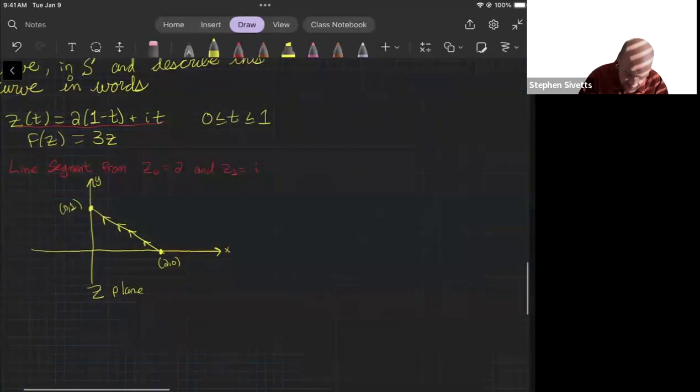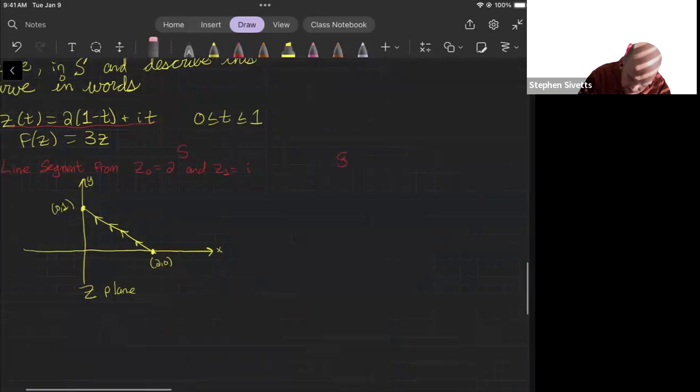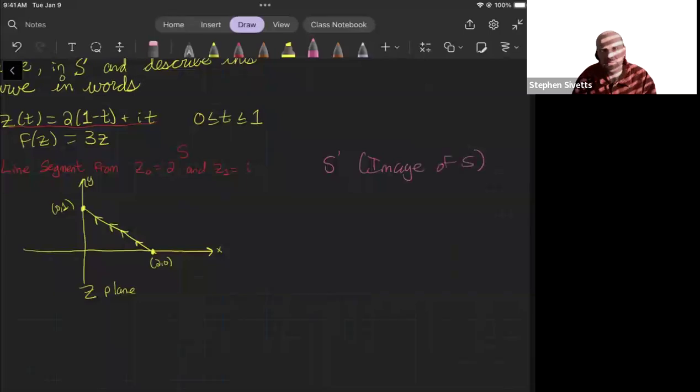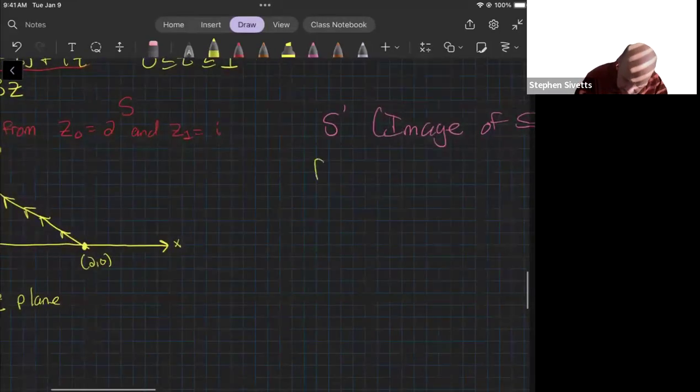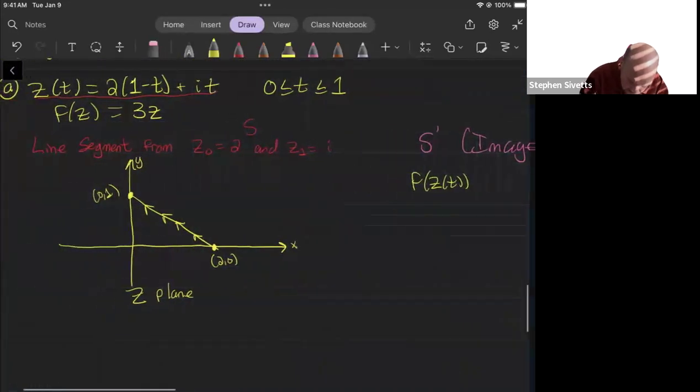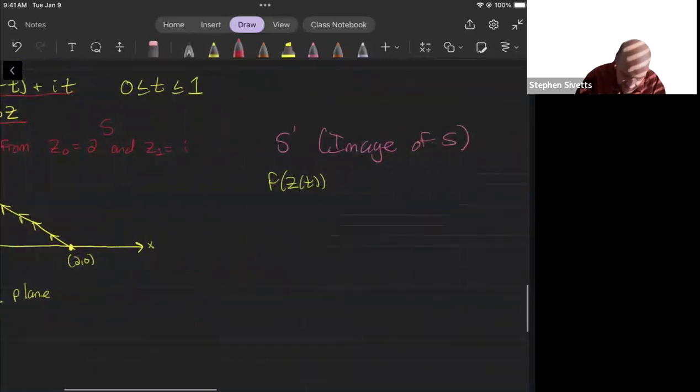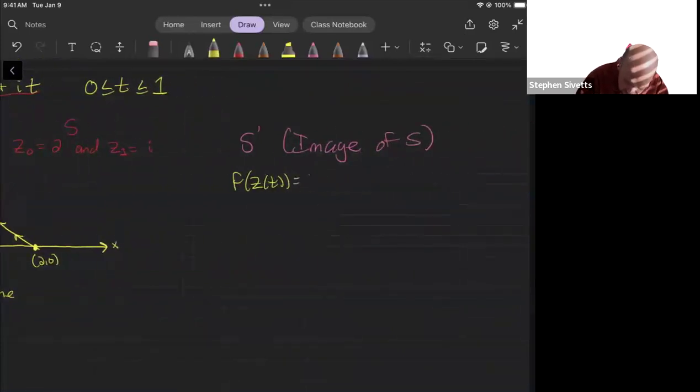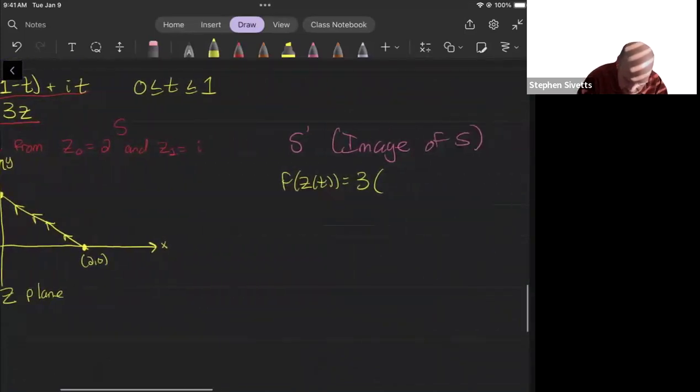So what we want to do is figure out the image, right? So this is S, and what we want to do is figure out S prime, the image of S, right? Okay, so by that, we just plug our parametric curve into our function. Our function was 3z, and so this equals 3 times the parametric curve that was given.